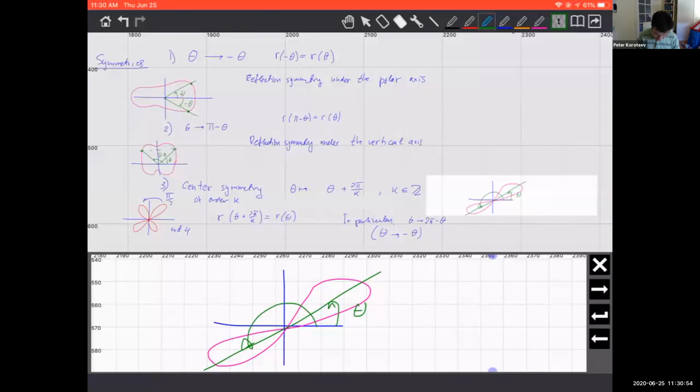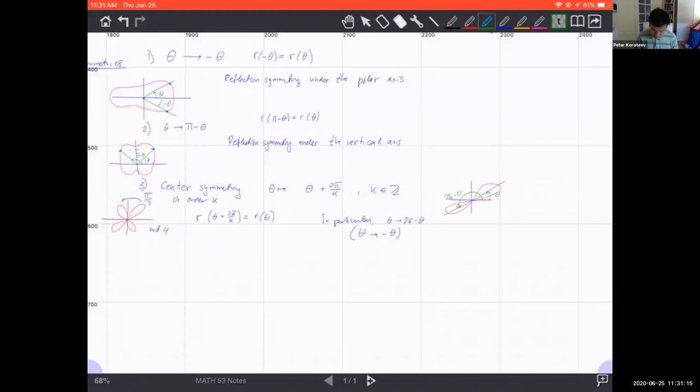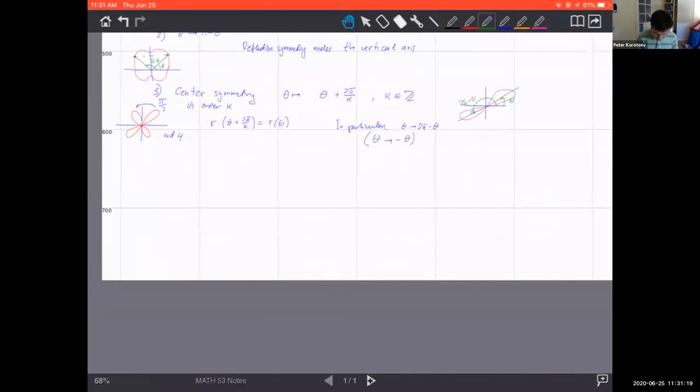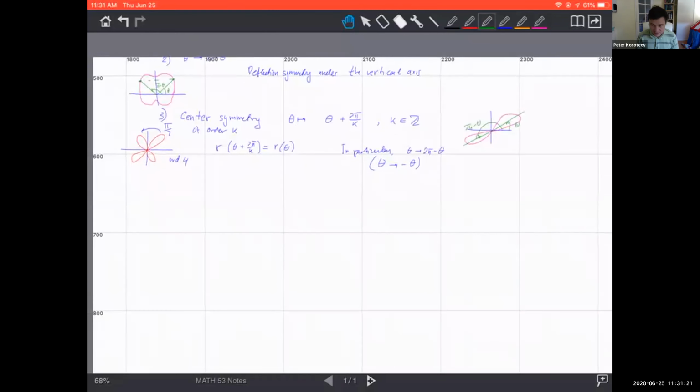Yeah, this is 2 pi minus theta. That's right. Okay, any questions? Good. So this is an example of center symmetry.